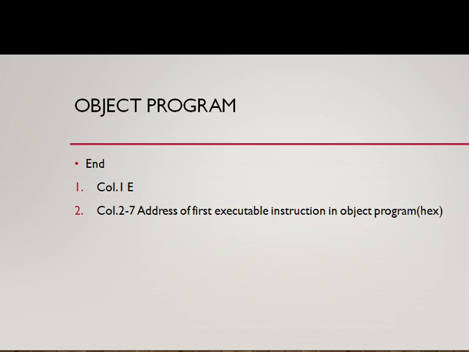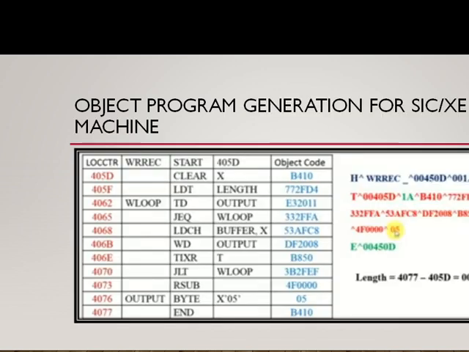Now we will generate the object program for the program for which we have found the object code. Here is the object program which we have generated. This is the object code which we found in the last sum. The same sum is taken and solved for the object program. The first line is the head.